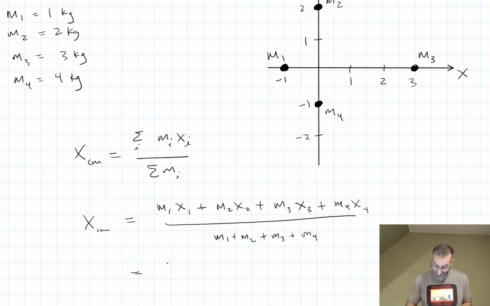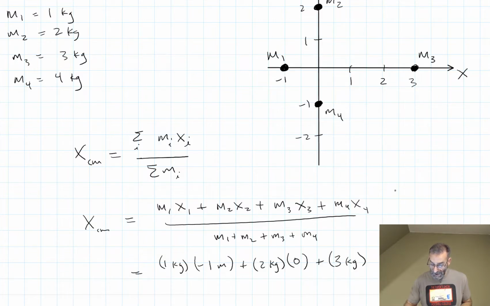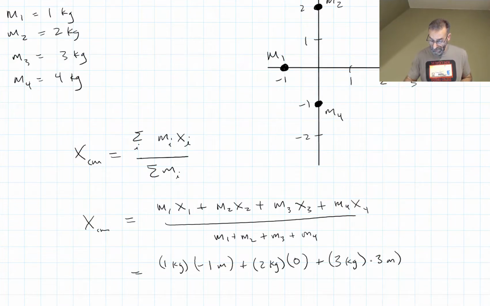So m1 is 1 kilogram, and its location is -1 meters on the x-axis. m2 is located at 0. m3 is located at x equals 3 meters, and m4 is at 0.